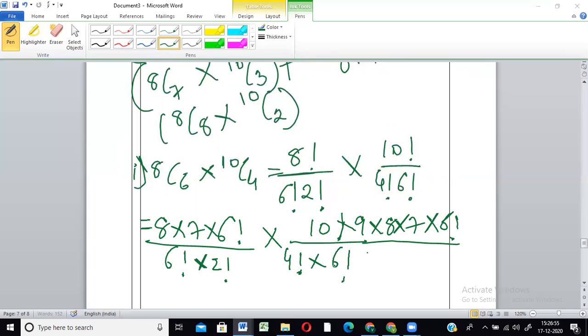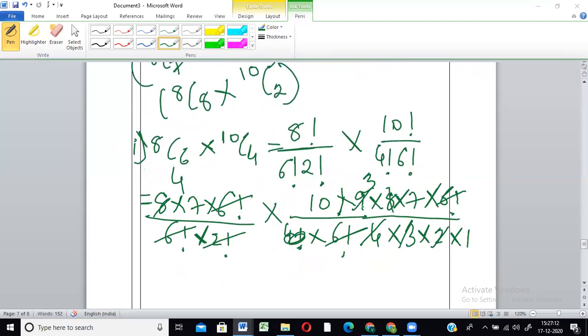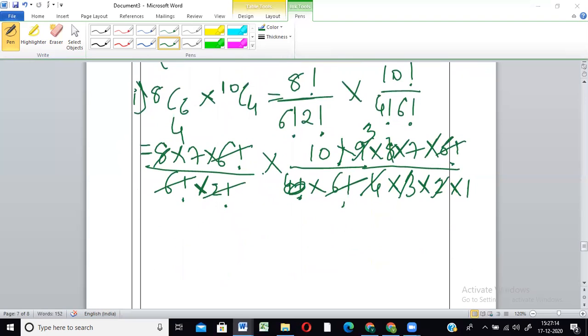So these things get cancelled. 2 4s are 8. 4 can always be written as 4 into 3 into 2 into 1. So 4 2s are 8, 3 1s are 3. The remaining is 4 into 7 into 10 into 3 into 7. So after multiplying this much, what do we get? We get the final answer as 5885. Okay, so this is the final answer.